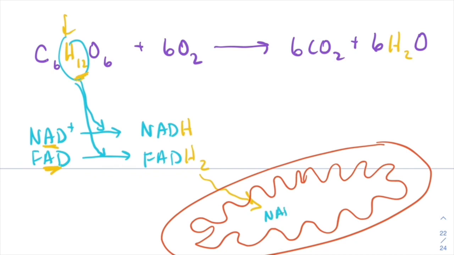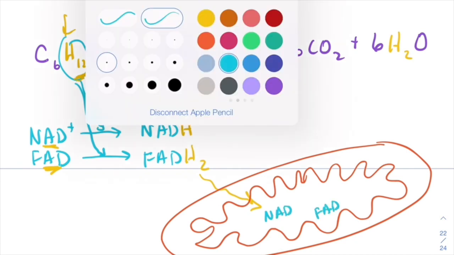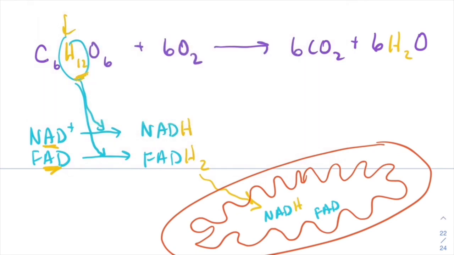So NADH and FADH2 accumulate, and a bunch of these, there'll be like 6 of these here, 5 of these there, or whatever. They'll accumulate in the mitochondria, and those hydrogens are used to make energy.